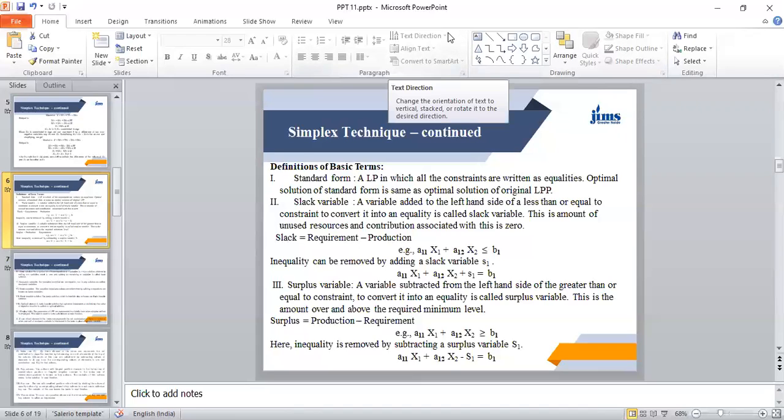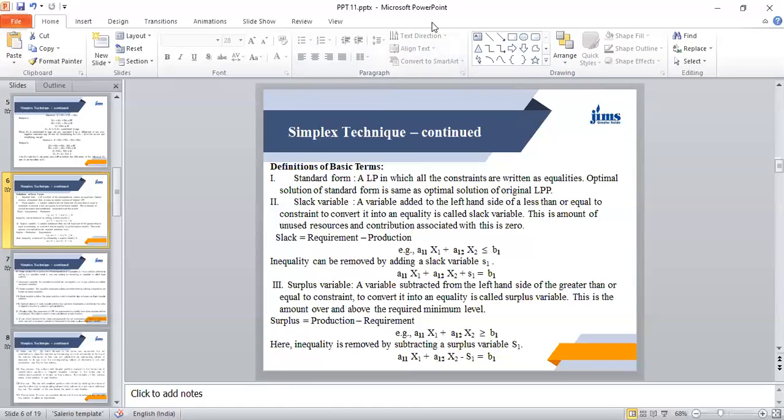So a slack variable is added to the left hand side of a less than or equal to type constraint to make it equal. This variable is known as slack variable.